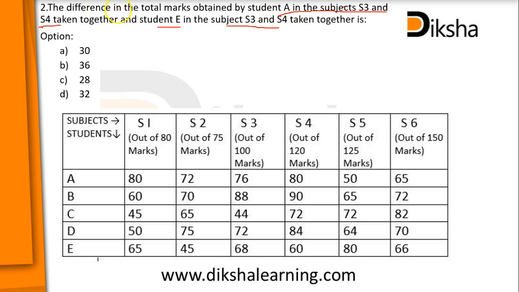The important thing is that here they have asked for total marks, not percentage. So first of all, we want to change this percentage into marks. We will change only those marks which are required. So for student A we need subjects S3 and S4, and for student E we need similarly S3 and S4.